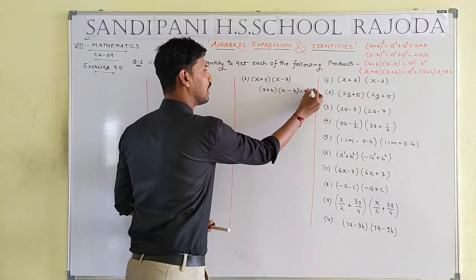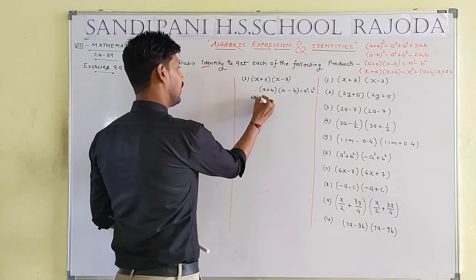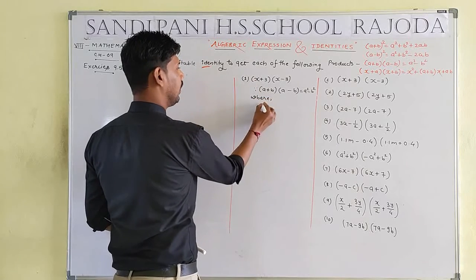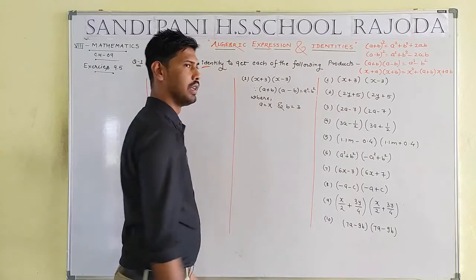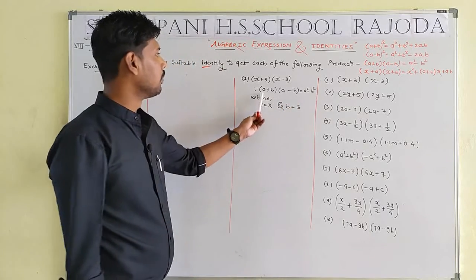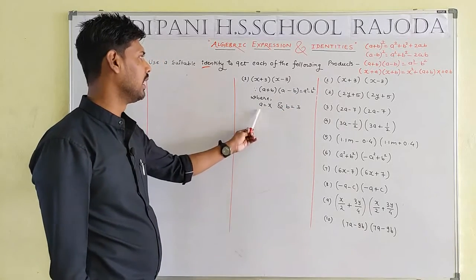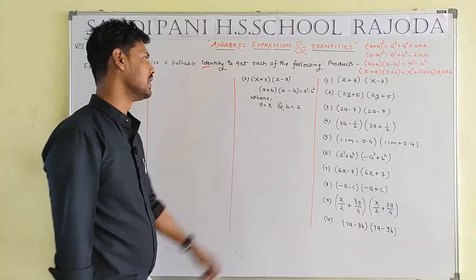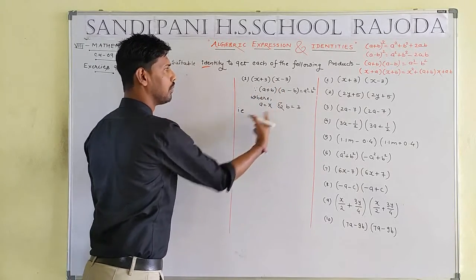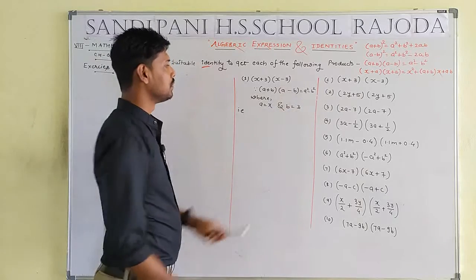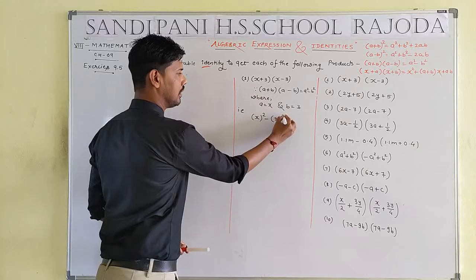to a square minus b square, where we know that a is equal to x and b is equal to 3. Okay, student, here (a plus b)(a minus b) is equal to a square minus b square, where a equals x and b equals 3, such that we can write this in the form a square minus b square, that means x square minus 3 square.